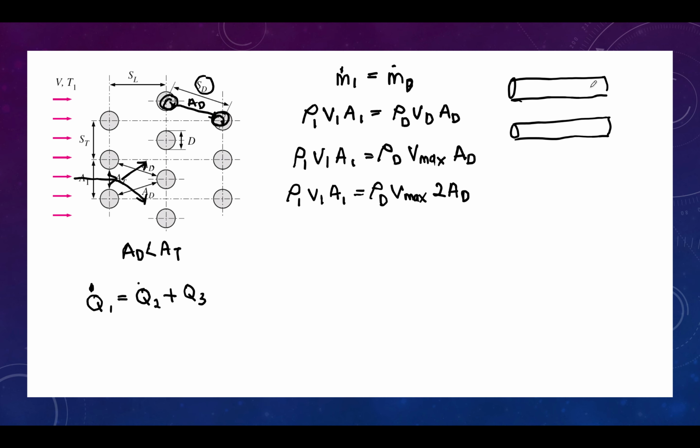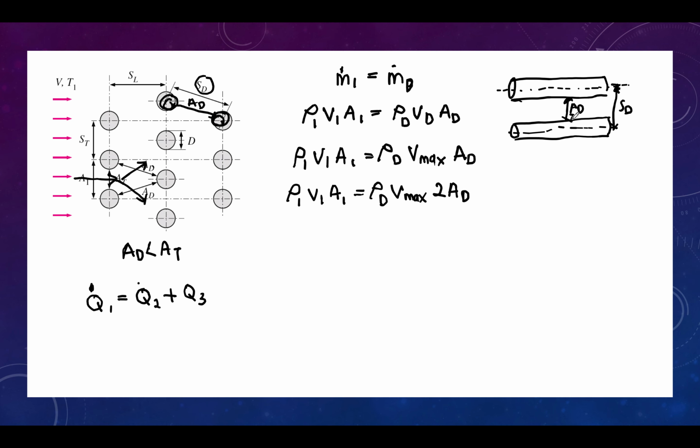Okay, so we have SD, but SD contains the radius of both tubes. Therefore, in order to determine the length for AD here, we have to subtract from SD the radius of the first tube and the radius of the second tube.